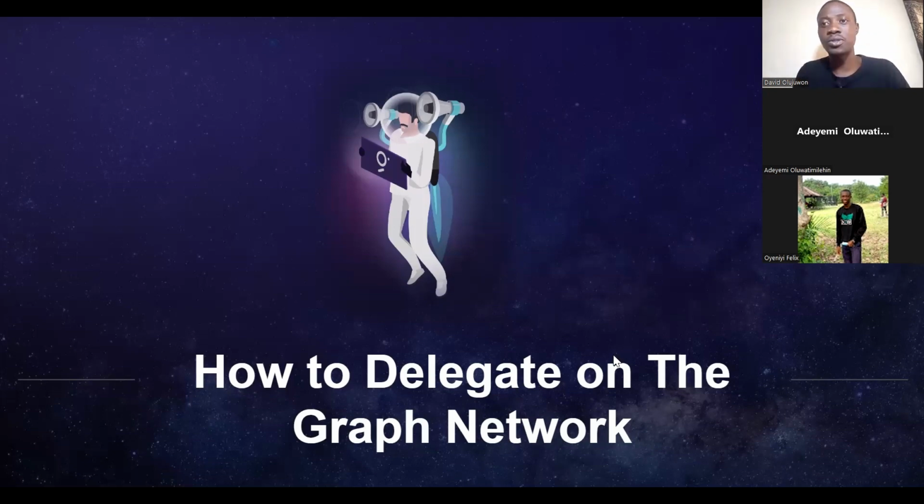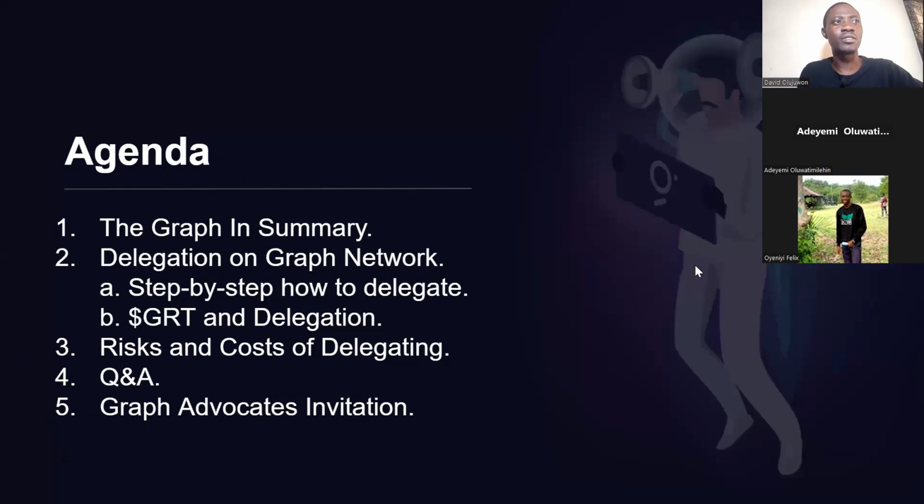But what we're discussing today is how to delegate on the Graph. We'll have this as the agenda of the discussion, about 5 big agendas. The Graph in summary, what the Graph network or the Graph protocol is, and delegation on the Graph network. Then there'll be a summarized step-by-step guide and a simple means on how to go with your GRT token on delegation.